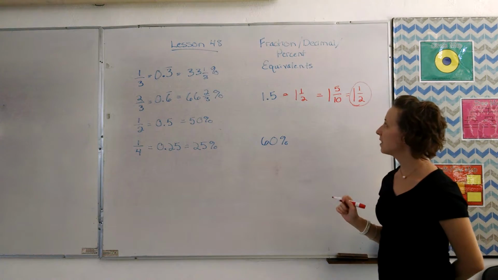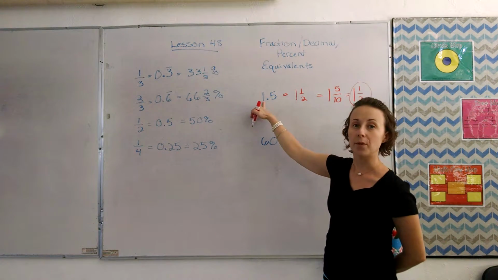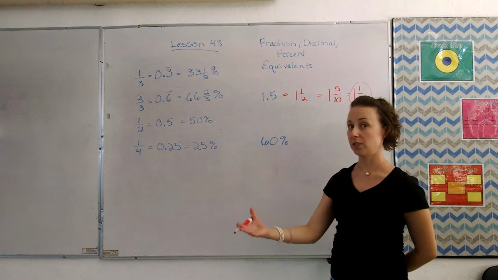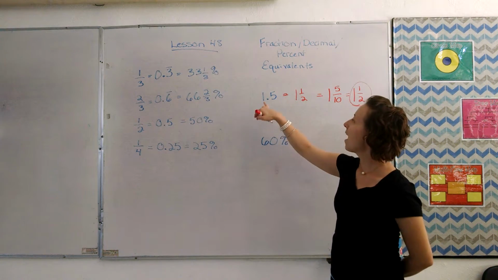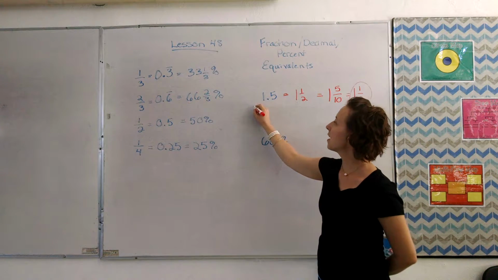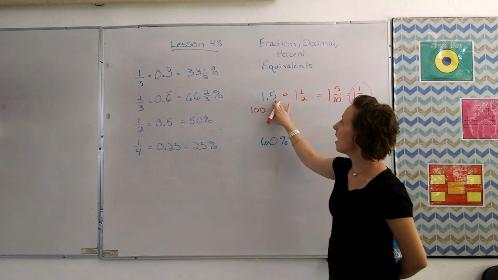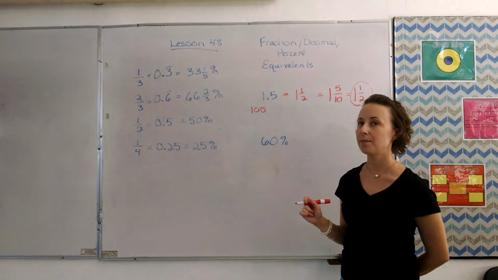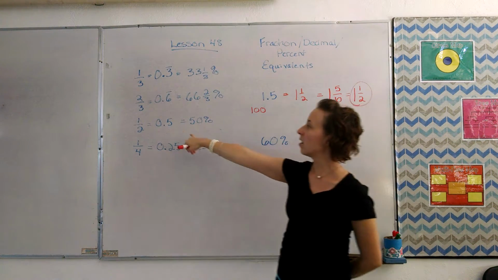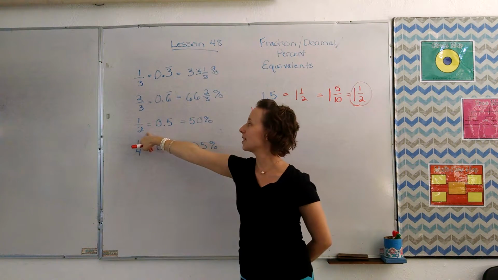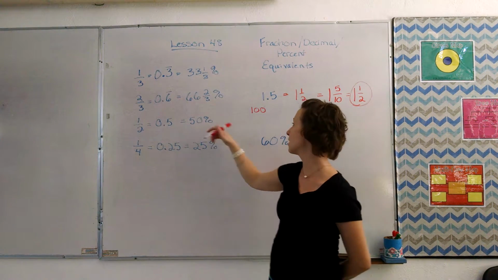Now into a percent. Anytime I have a whole number, I'm going to have 100% or 200%. These are our hundreds place. This is 100%, that's what 1 is. And then I have 0.5, also known as 0.50. Well, I could look over here. 0.5 is the same as half, is the same as 50%.